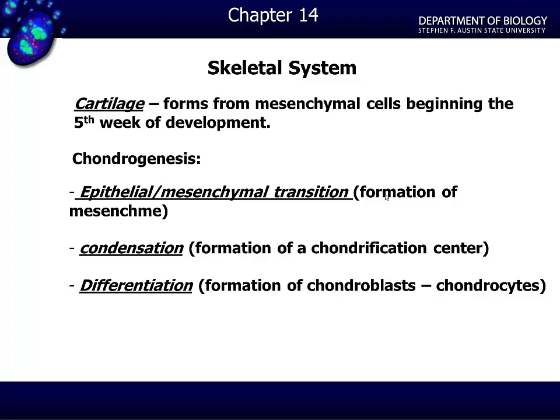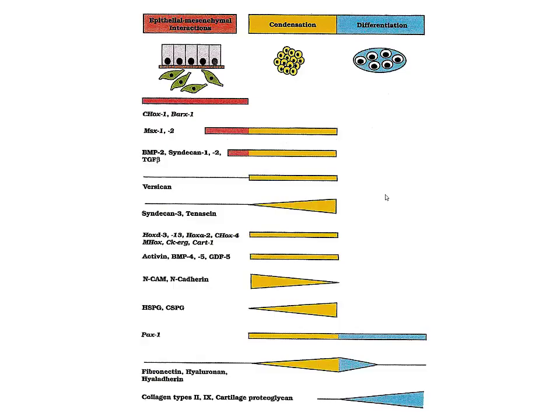Now, many of these mechanisms occur based on transcription factors. They occur based on various cell adhesion molecules, extracellular matrix molecules. And in this illustration, we can see our epithelial-mesenchymal transition, the condensation in yellow, and the differentiation in blue. And we can see through this timeline the expression of various molecules.